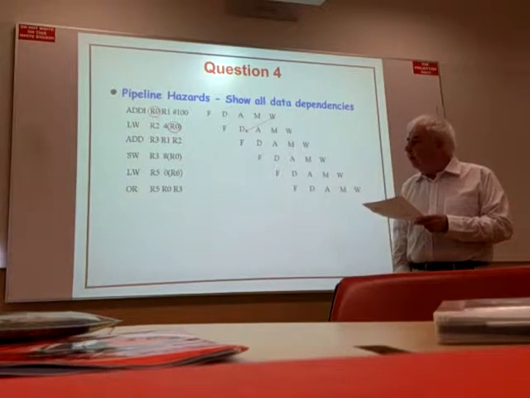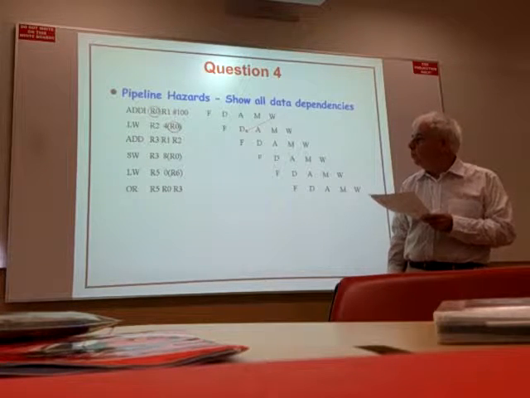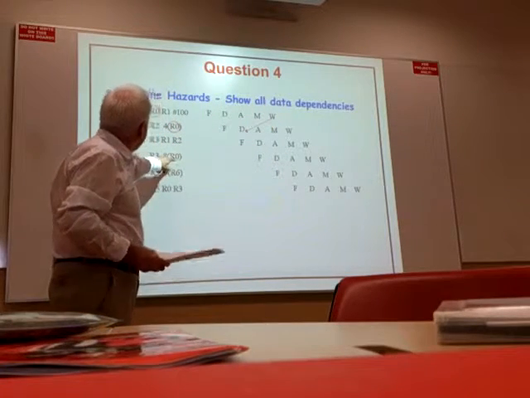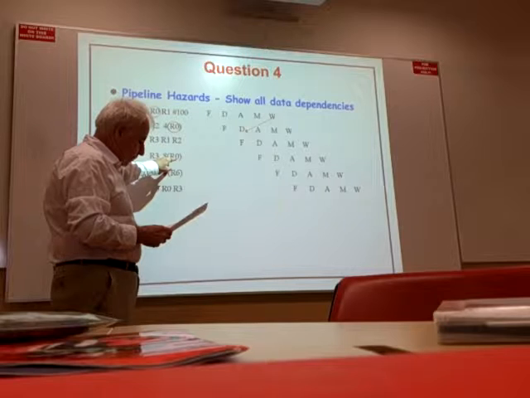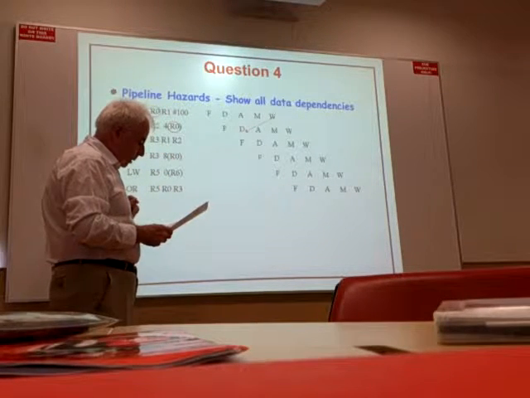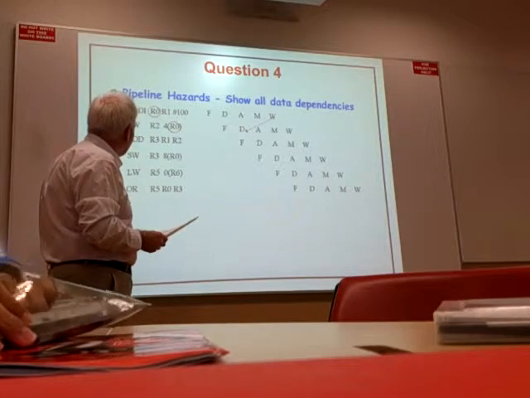And what about R0? Are there dependencies involving R0? Okay, so again, we use R0 here, so we have another dependency involving R0.